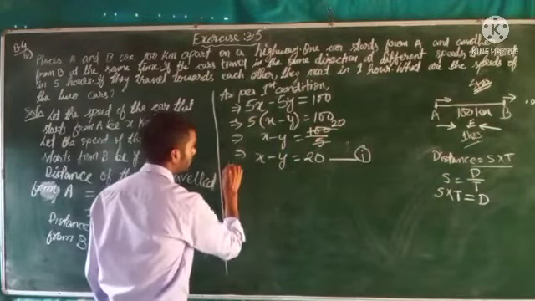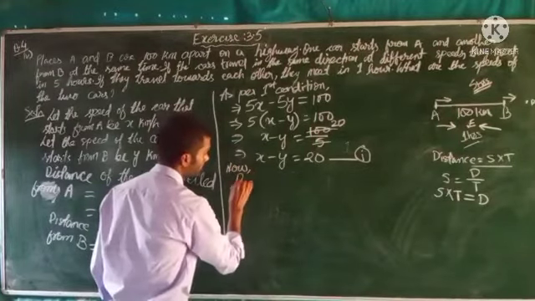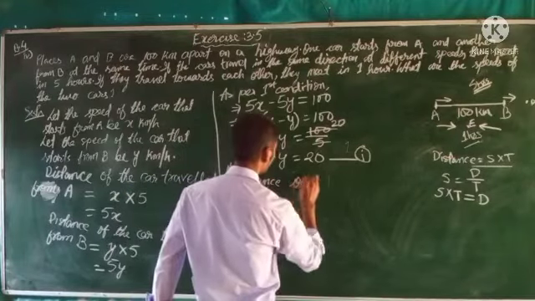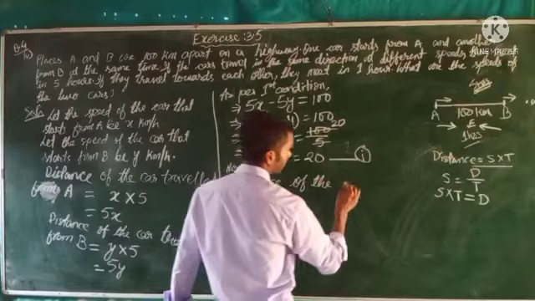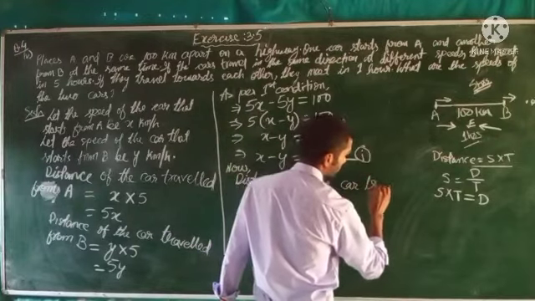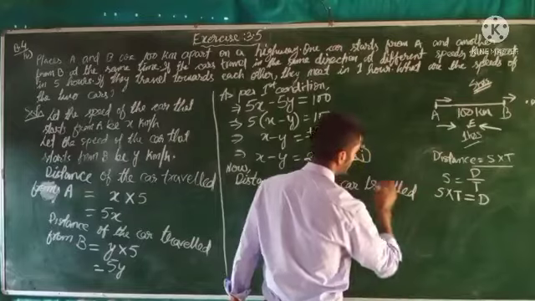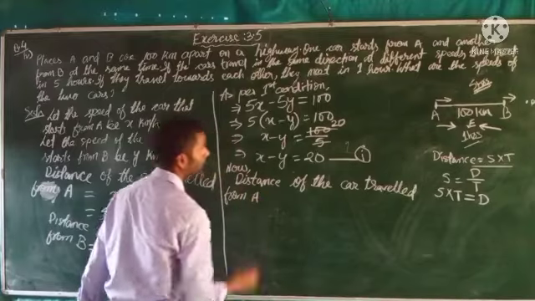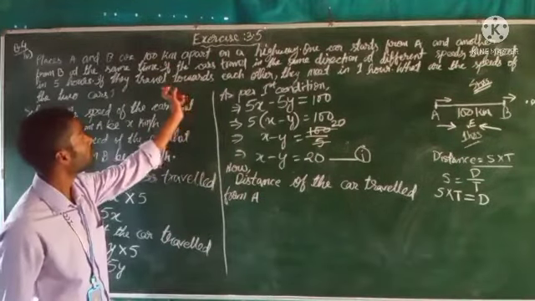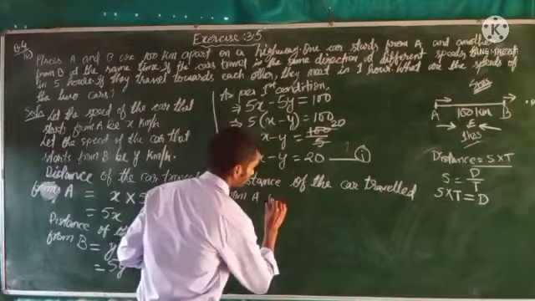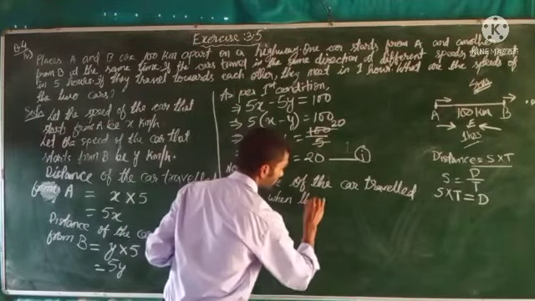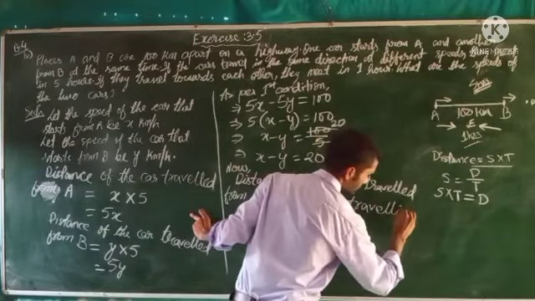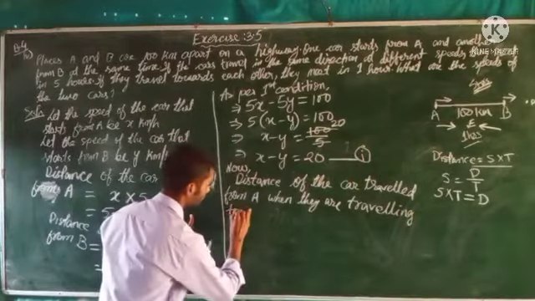So now, the distance of the car traveled from A when they are traveling towards each other.